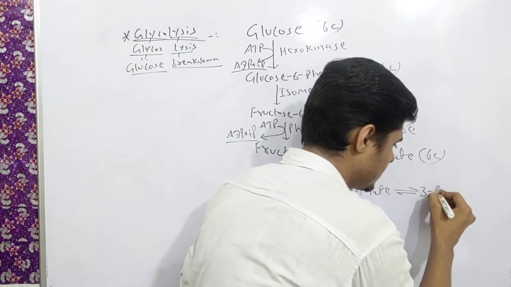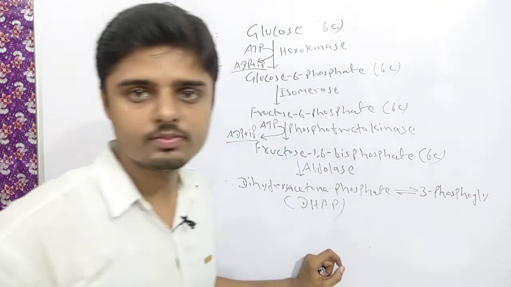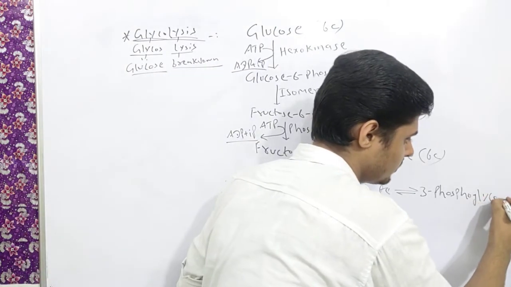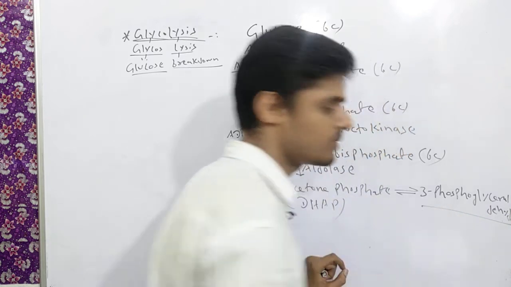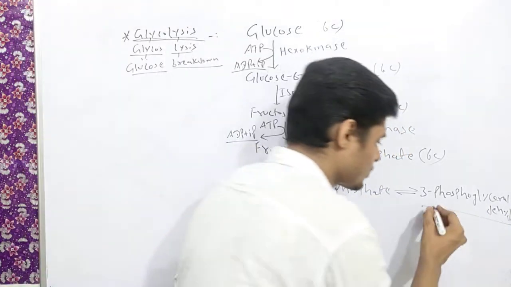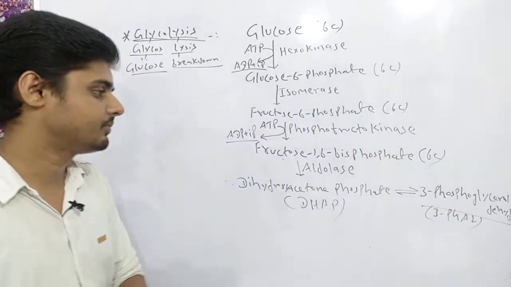Which molecule is this? 3-phosphoglyceraldehyde. You can say in short 3-PGAL. Okay, and this is DHAP.